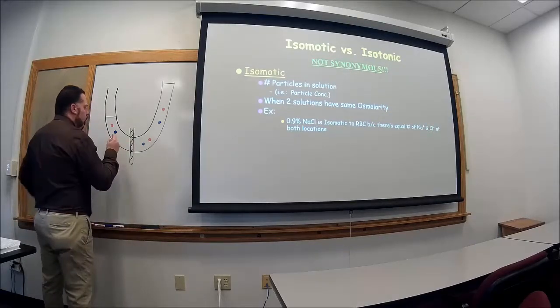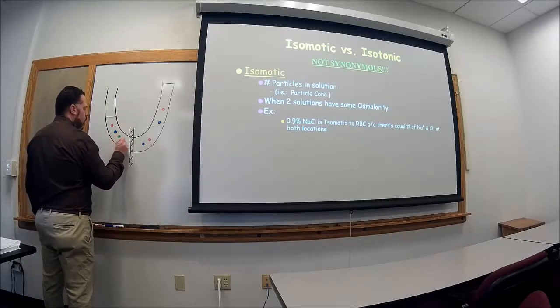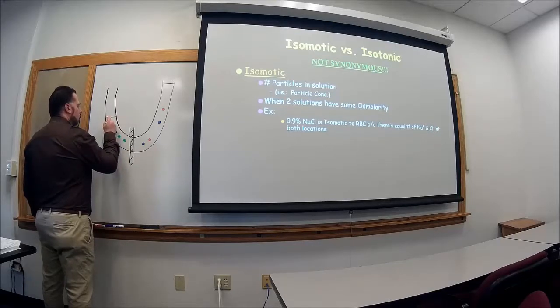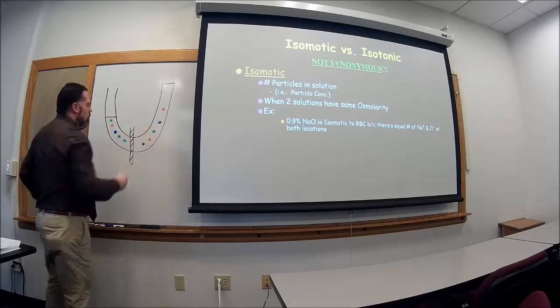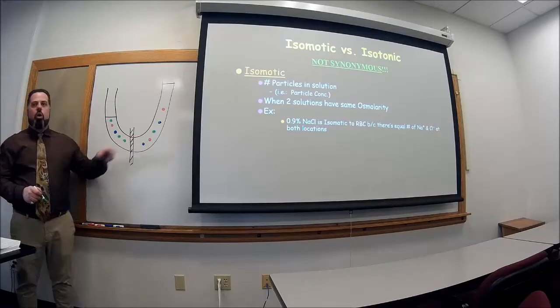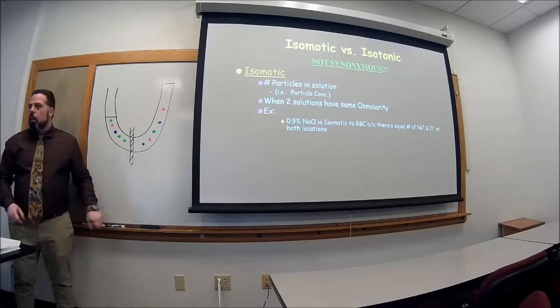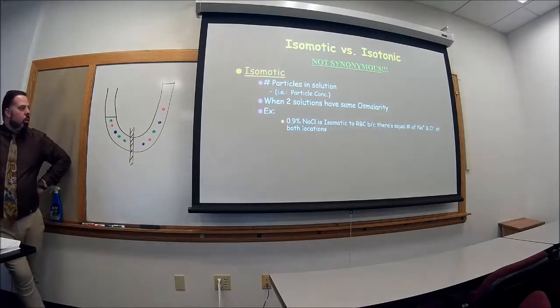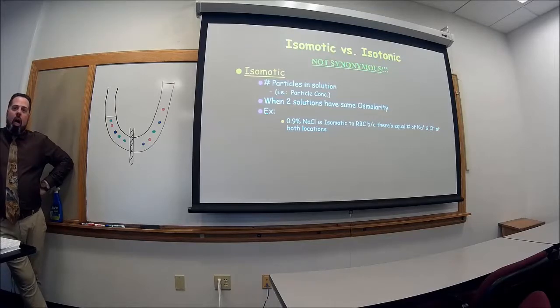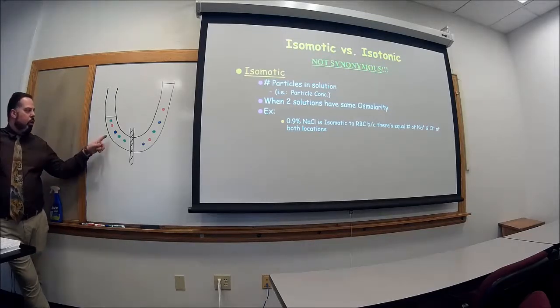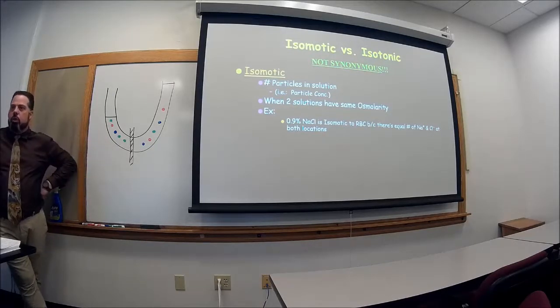And we could have chloride, three over here and one over here. Now this is isomotic because there's 5 on one side and 5 on the other side. We're not looking at what the particles are, we're looking at the number of particles. So we consider this to be isomotic.